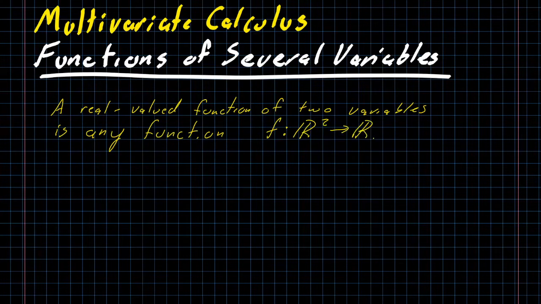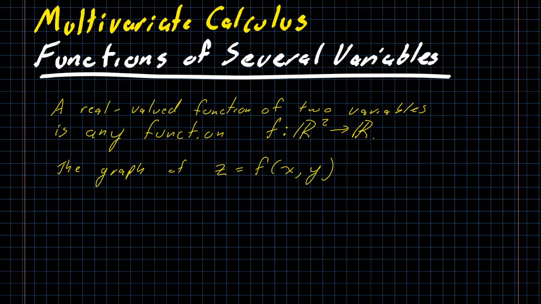A real-valued function of two variables is any function which we can write as f mapping from R squared to R. And when we're thinking about a function, the first thing you learn to do every time you've been introduced to a new type of function is to start trying to graph them.